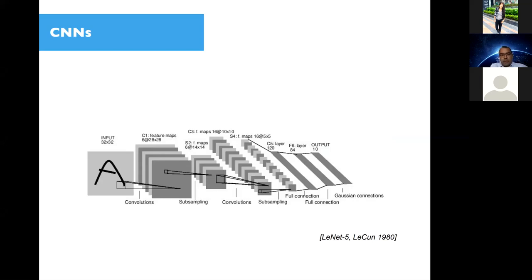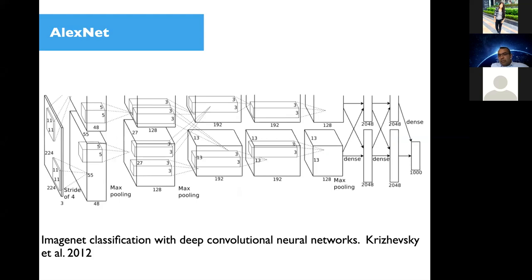But the real breakthrough happened in 2012 when a model called AlexNet won the ImageNet challenge. ImageNet is one of the largest image data sets. Not now, but at least in 2012, it was definitely the largest data set of images.